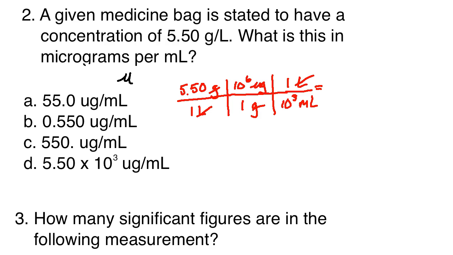So if you ran this through your calculator, you would indeed find that it's 5.50 times 10 to the third micrograms per milliliter if you're observing your significant figures. And so it is approximately 5,500 micrograms per milliliter. So D would be the correct option here.